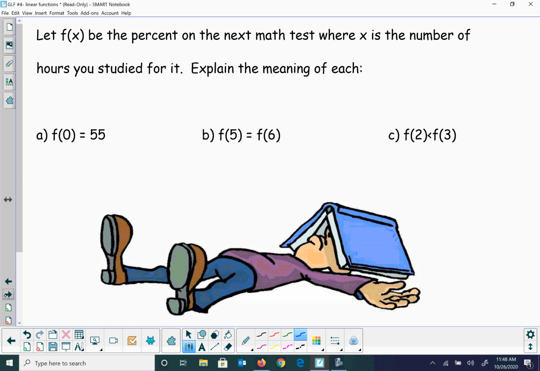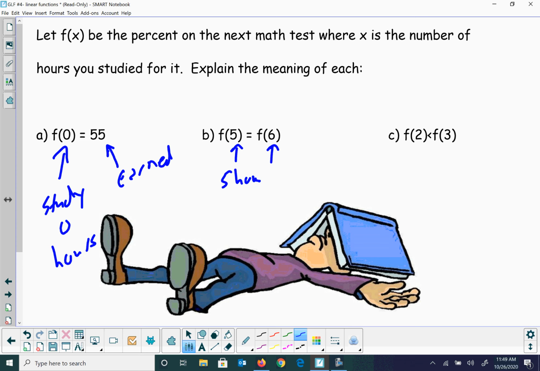All right, so let x be the number of hours you study for the next math test, and the function gives the percent you earn. Explain your reasoning. So I studied 0 hours, so I earned a 55%. F at 5 and F at 6, if I study 5 hours or 6 hours, I get the same score.